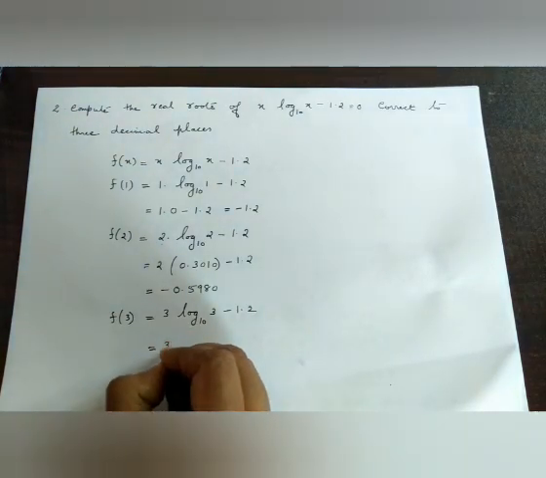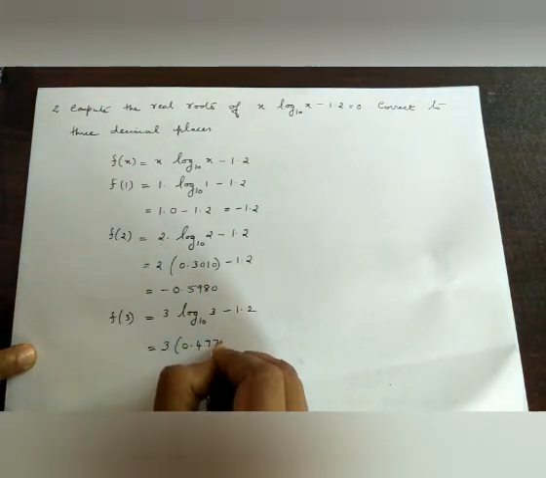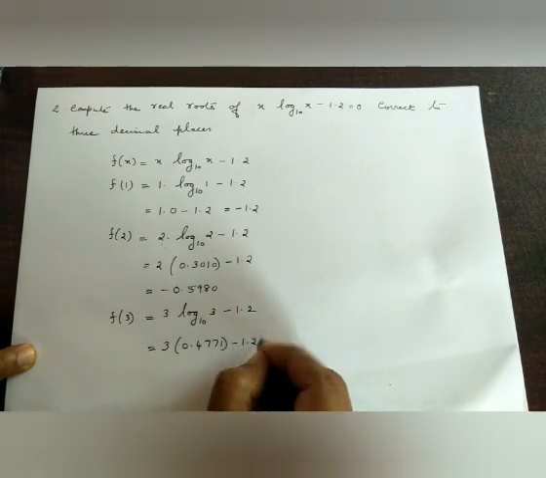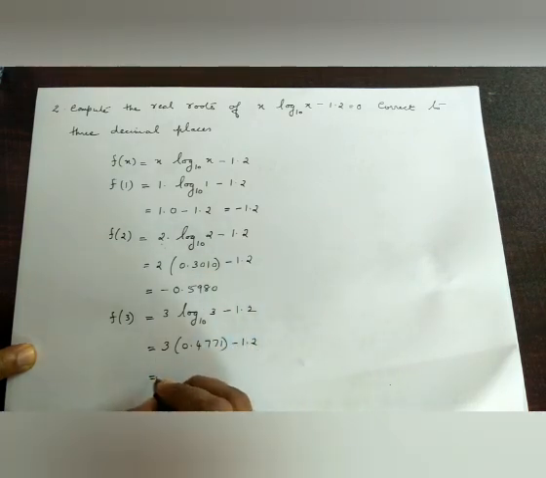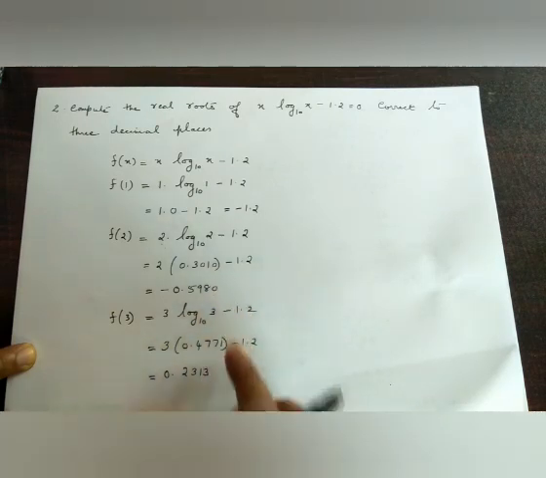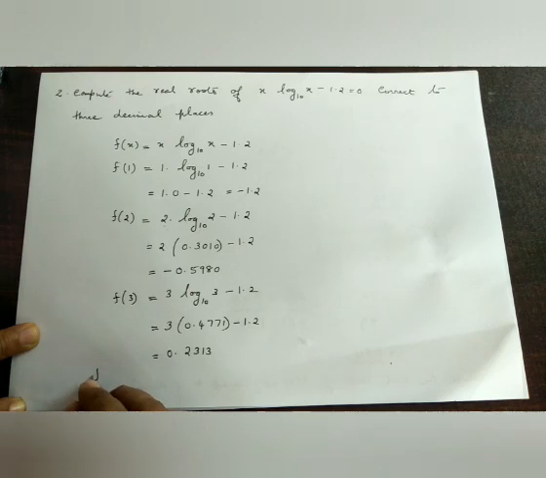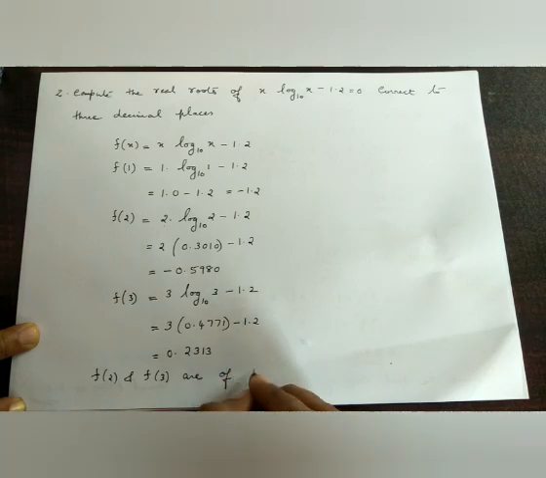Therefore, writing 3 into 0.4771 minus 1.2, the value is 0.2313. Therefore, we get two consecutive values, one of them negative and the other positive. Here we have f of 2 and f of 3 of opposite signs.